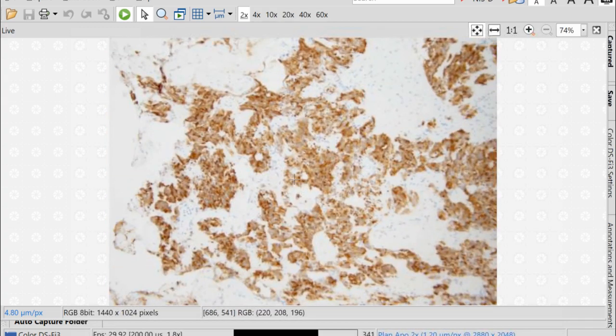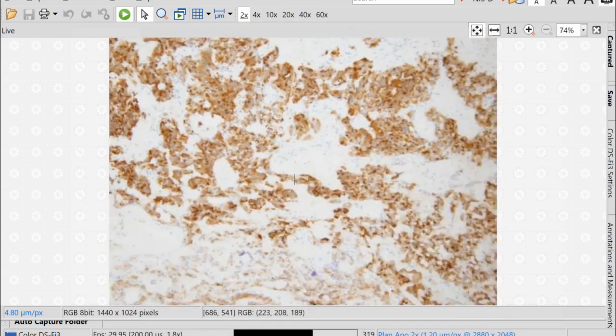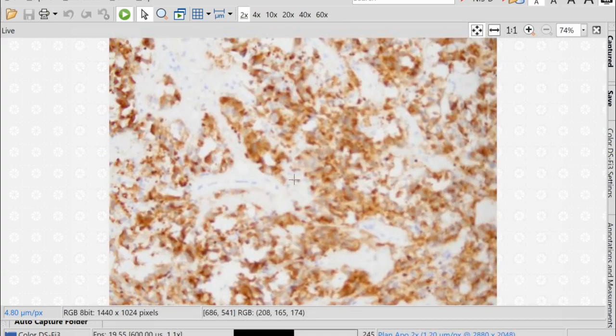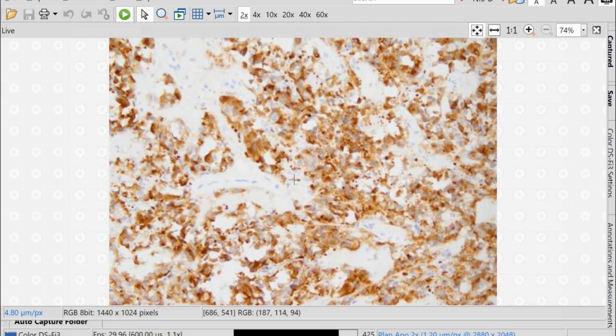And we didn't talk about this, but synaptophysin is also variably expressed in these tumors. Doesn't mean that the tumor is a neuroendocrine neoplasm, but as many other primary neoplasms in the CNS, you can have synaptophysin staining. It's usually patchy, variable. This one had a little bit more synaptophysin.